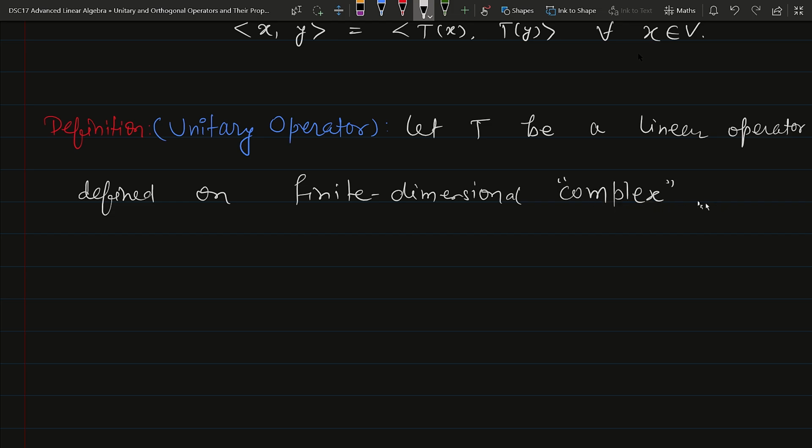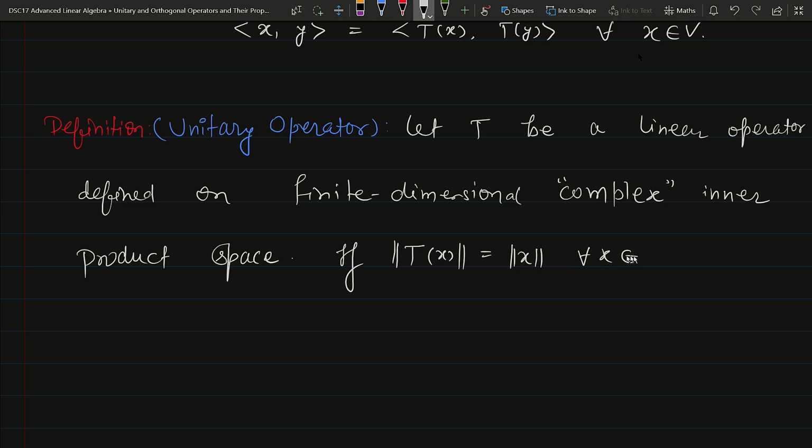This word is important: complex. Let me call the space V. If for this T, the norm of the image of x under T is the same as the norm of x for all x belonging to V, then we call T a unitary operator.